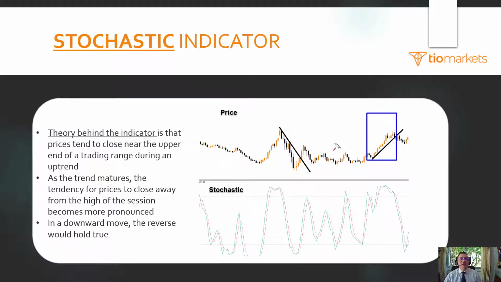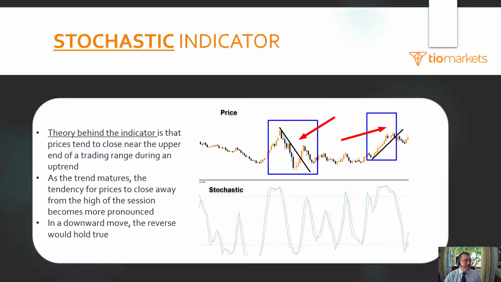The theory is saying that prices tend to close higher, or near their high, in an uptrend. And in a downtrend, the opposite: prices will be closing closer to their bottom or lows.